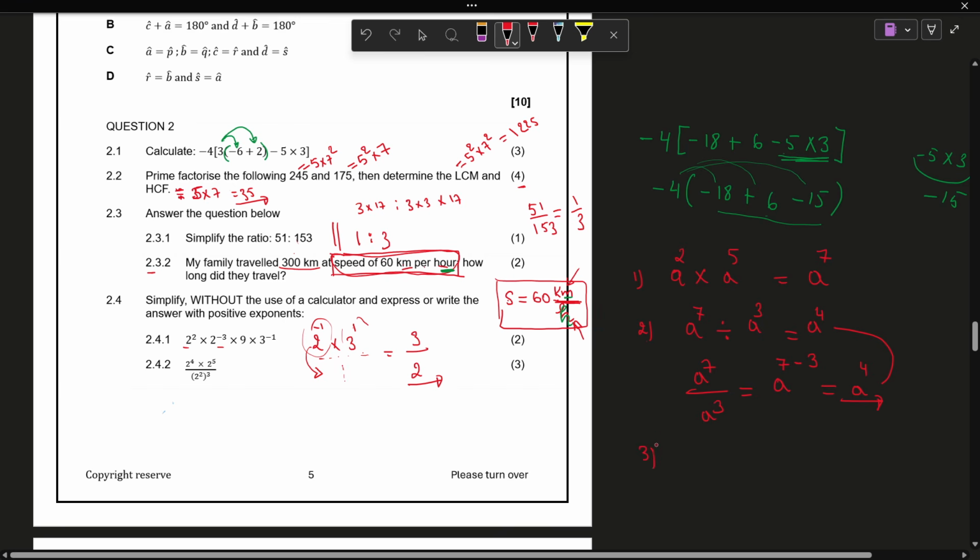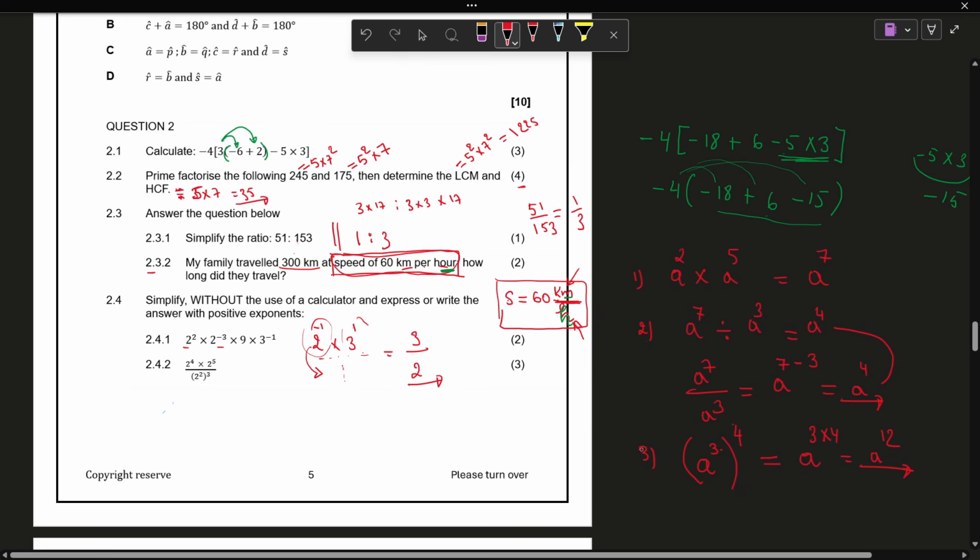Third law of exponents: when I have a exponent 3 and everything to the exponent 4, the law says I need to multiply the inner exponent times the outer exponent. So it's going to be a exponent 3 times 4, which is a exponent 12. These are very important laws.